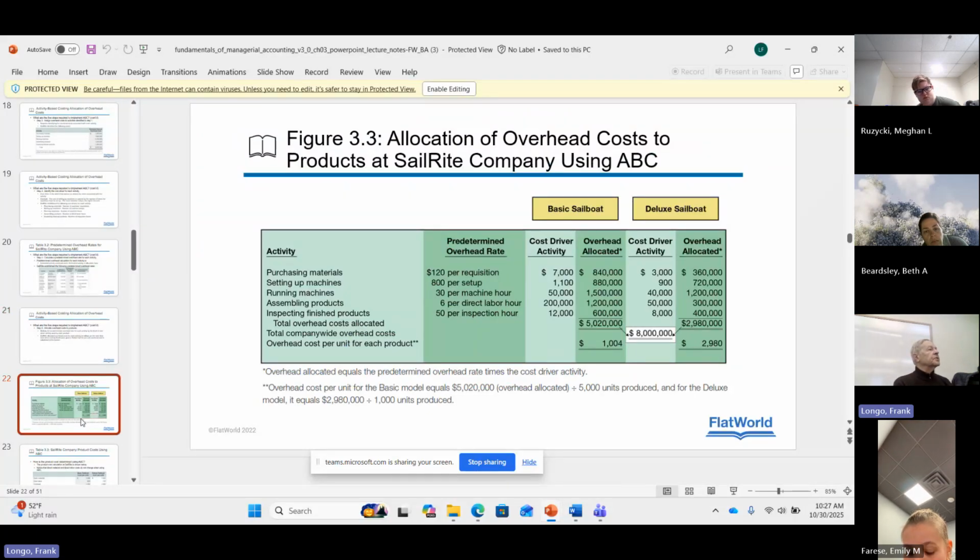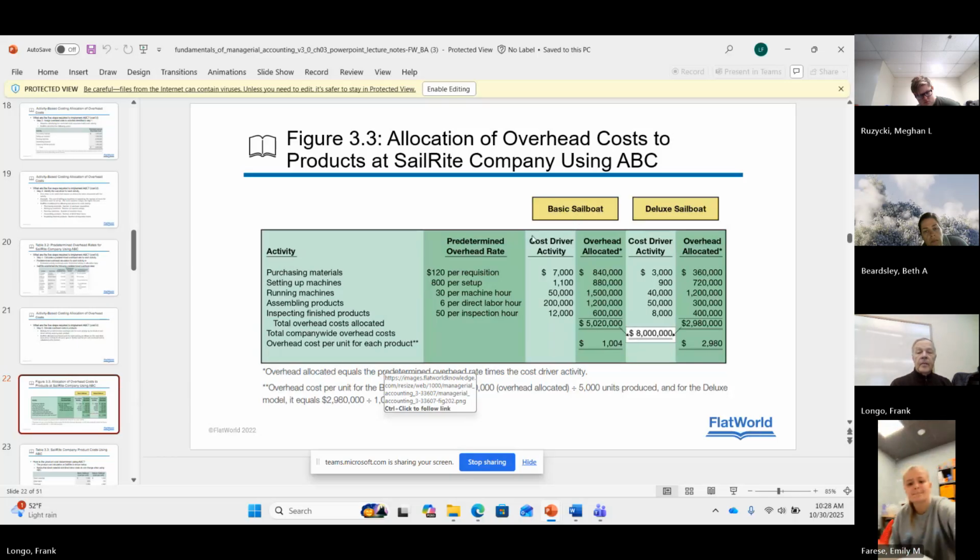So this company makes two products, a basic sailboat and a deluxe sailboat. What we need to do is allocate that $8 million. Remember the $8 million from the other schedule? That was the total estimated overhead. We need to allocate that to each product.